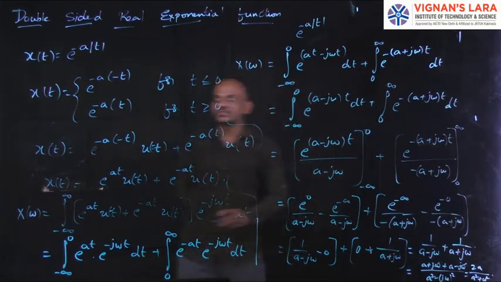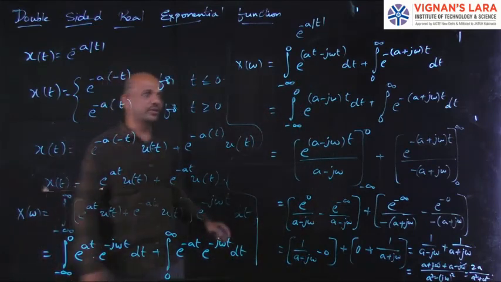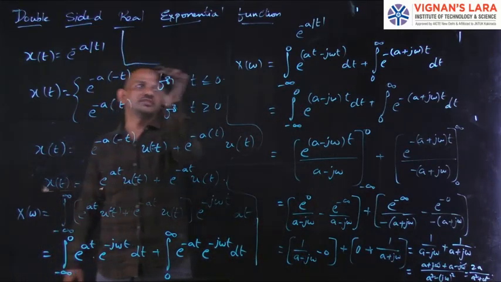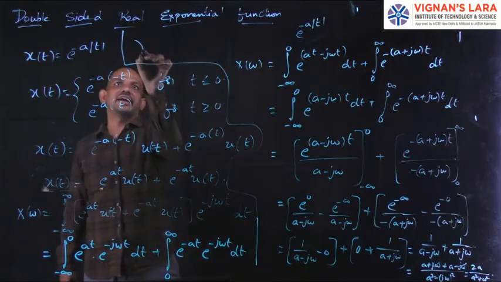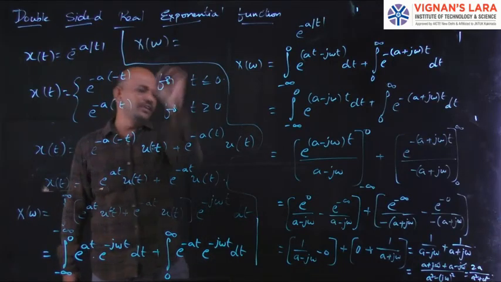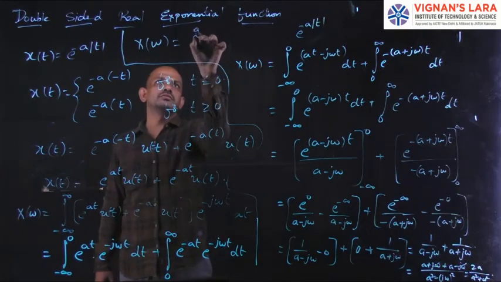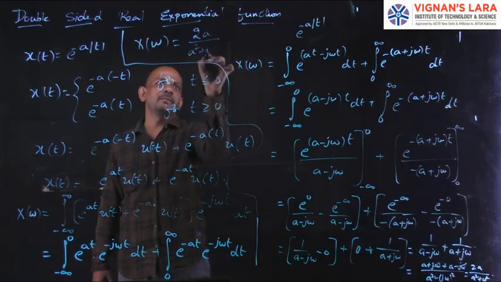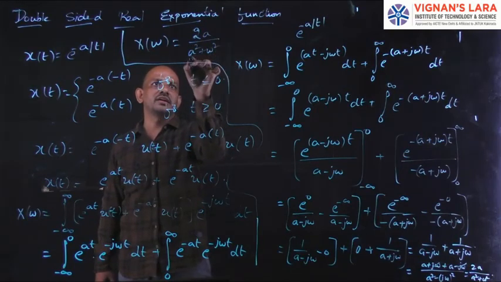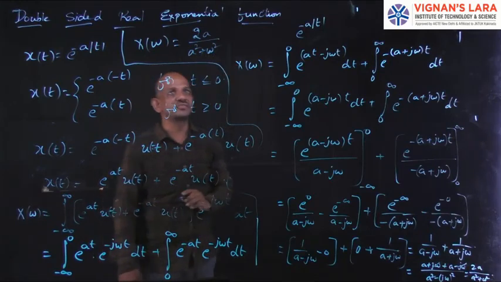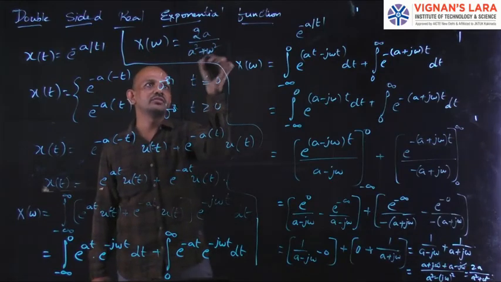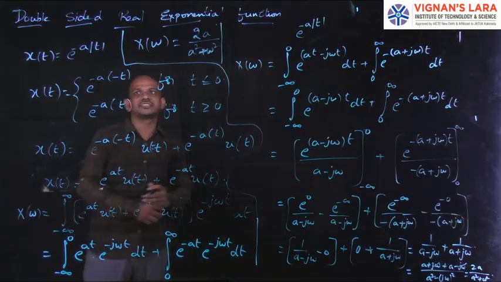So the final answer for this one is X of omega will be equal to 2a by a square plus omega square. So this is the Fourier transform of the function x of t equal to e power minus a mod t.